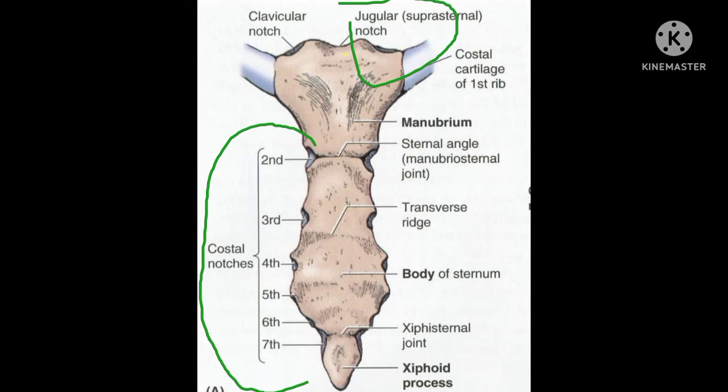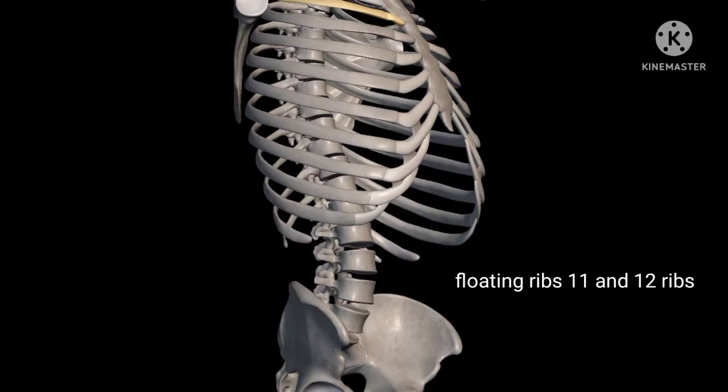The lower part of the manubrium, the body of the sternum, and the upper part of the xiphoid process have costal notches on either side, in which the costal cartilages of the ribs are articulated.